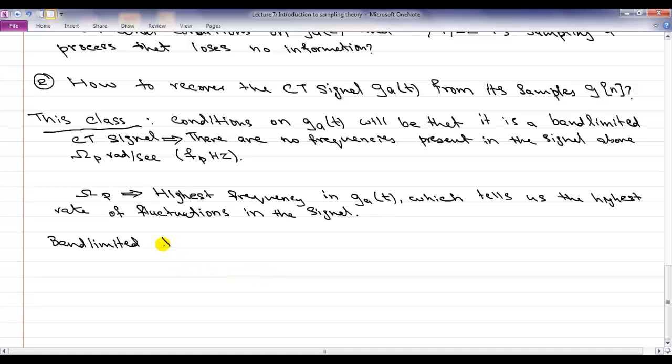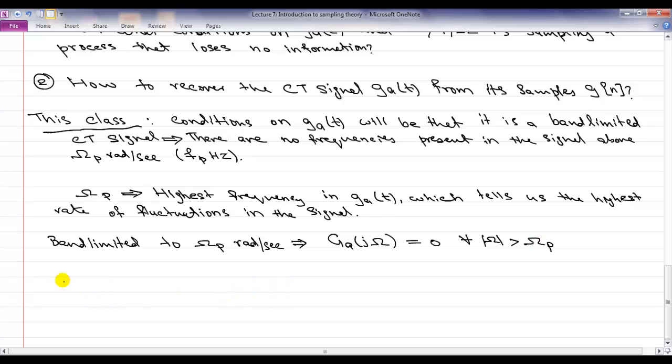So band limited to omega p radians per second mathematically means that the Fourier transform of g, let's call it G_a(j omega), is equal to 0 for all omega bigger than omega p. Because if the Fourier transform had any non-zero value after omega p, then that means the signal has frequencies higher than omega p.